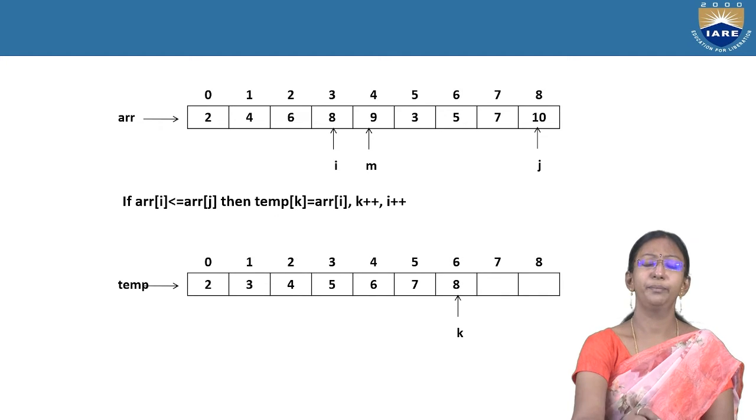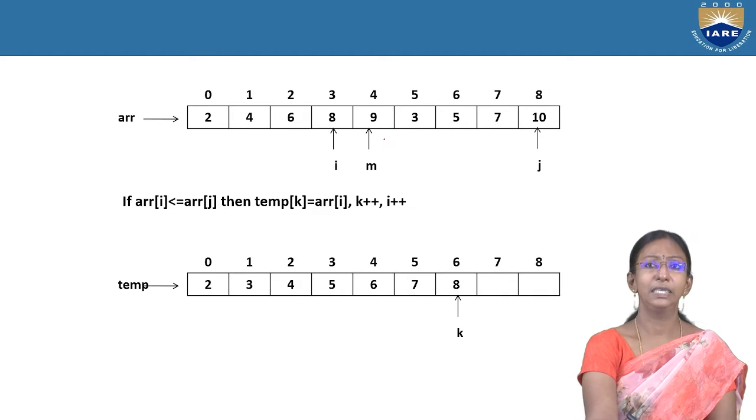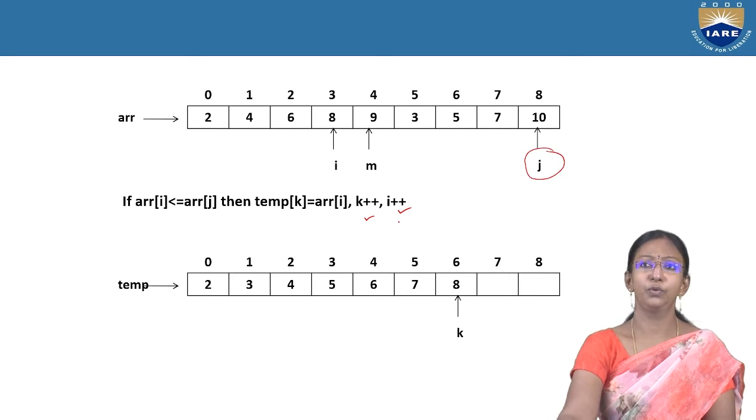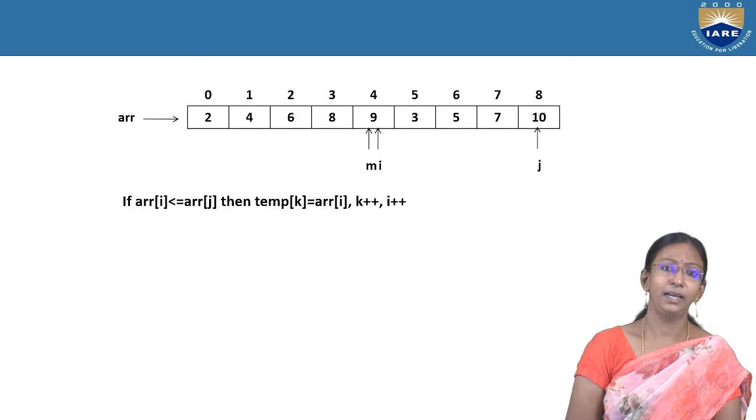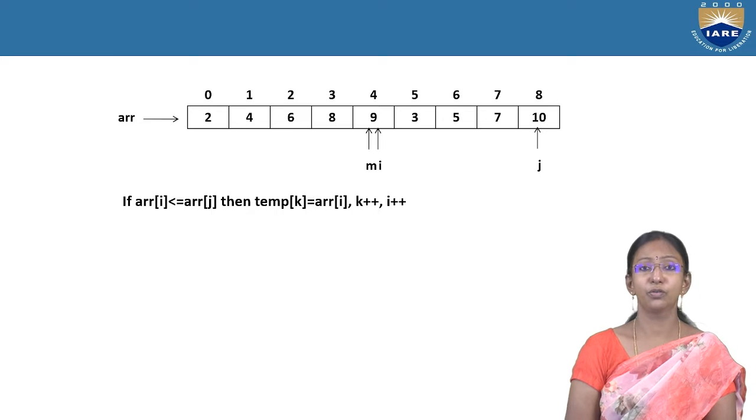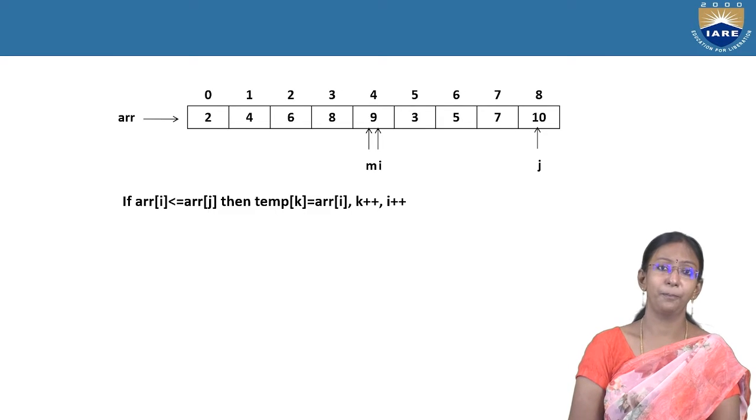As the content pointed by i is used, increment i, increment k, do not touch j. Once we do this, i is pointing to 9, which is already being pointed by m.